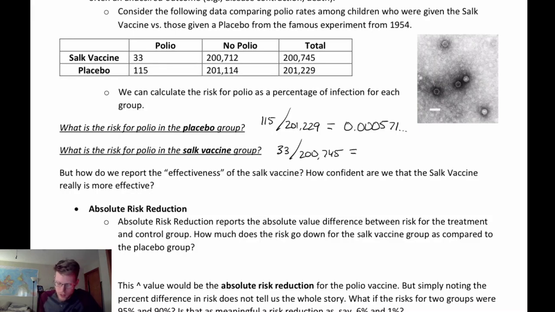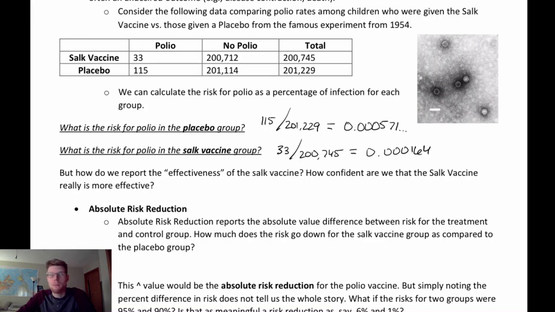Whereas the risk in the Salk vaccine group is going to be 33 divided by 200,745, and that's going to be 0.000164. So we can already see that the absolute risk for polio in each group is quite low, regardless of which group we're looking at.